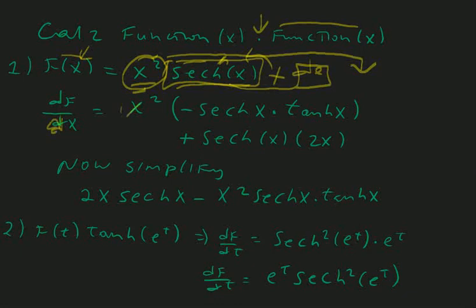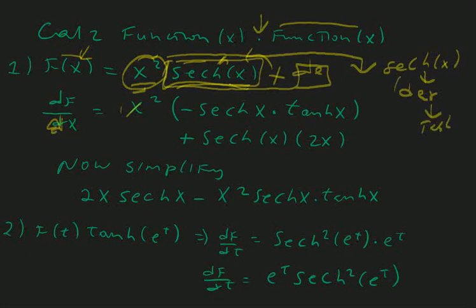So df/dx equals x squared, and then we have to do the derivative of this, the hyperbolic secant of x. If you do the derivative of this, there is a table you might be given.